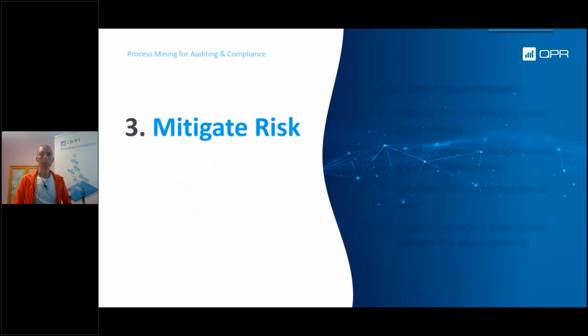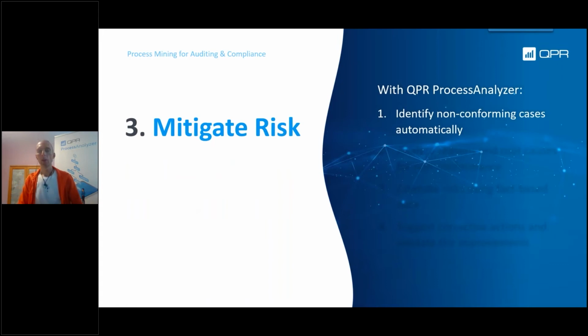Then number 3, mitigating the risks. So with QPR Process Analyzer, you can always compare the as-is execution and transactions with the design model. So with the design that is supposed to be how the process goes. And there you get the non-conforming cases automatically.